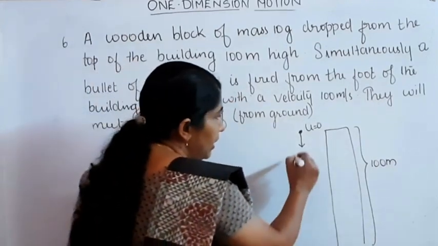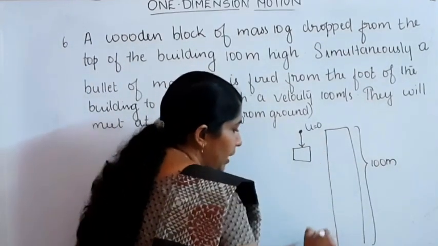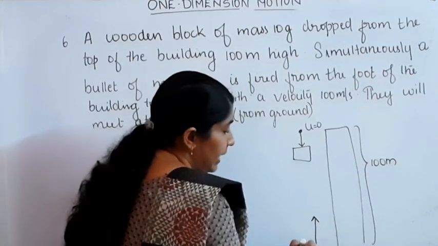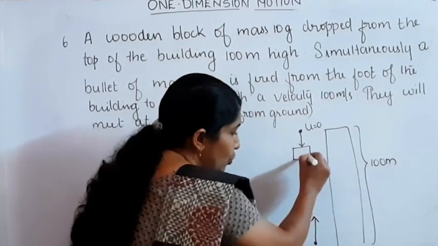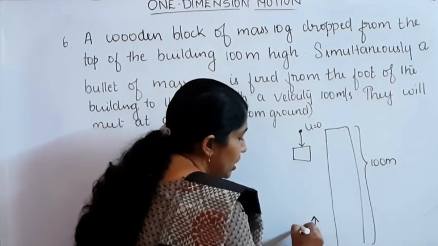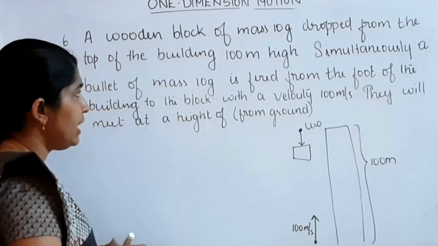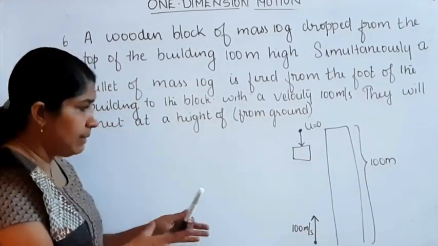This one is the block, and here a bullet of mass 10 gram is fired upward with a velocity of 100 meter per second. These two events happen at the same time.